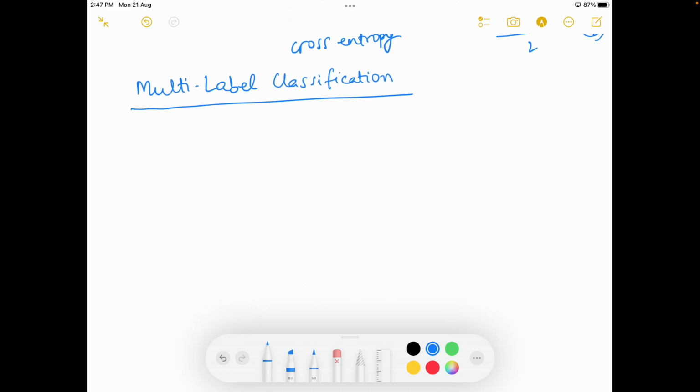How do you model it with a neural network? First, what are the constraints? I can say I have the probability of a label given x, or the probability of the label being true. Let me define it.